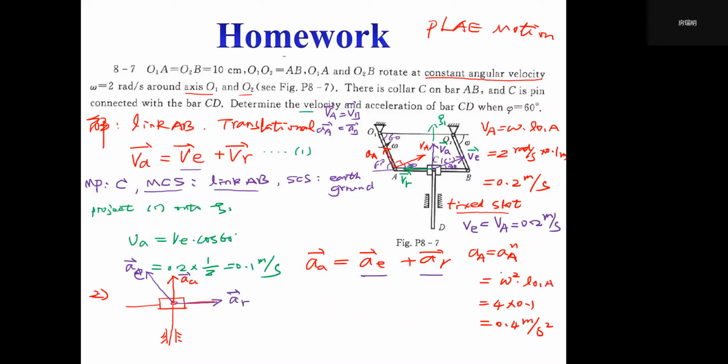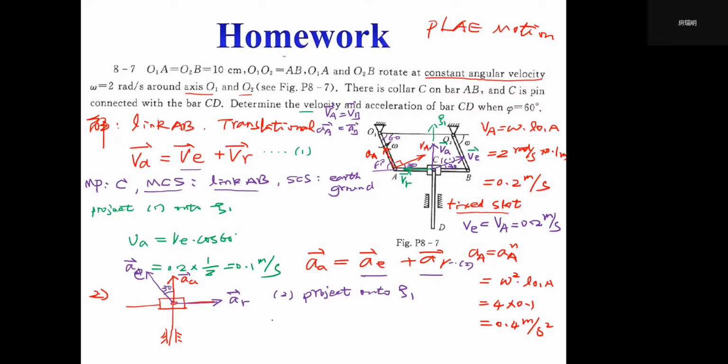So we know here is 60, and then there will be 30 degrees. So once again, this is equation 2. Project equation 2 onto the same axis, C1.